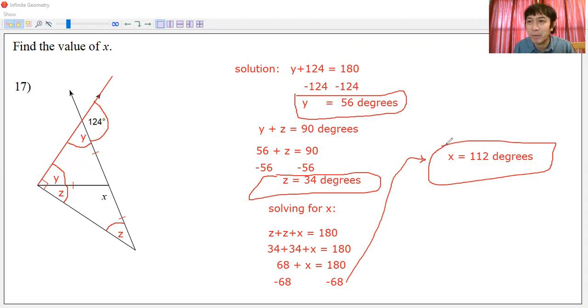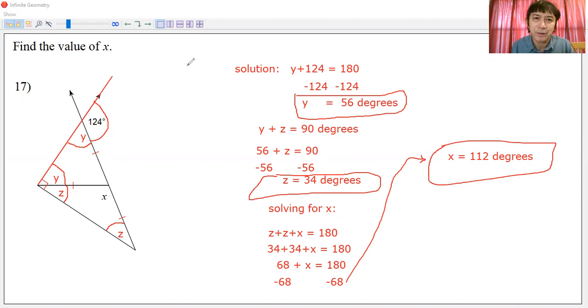Is there another method of solving this? Well, if you remember the exterior angle theorem, you can conclude that the exterior angle in one corner or one vertex of a triangle is equal to the two remote interior angles. That's another way.